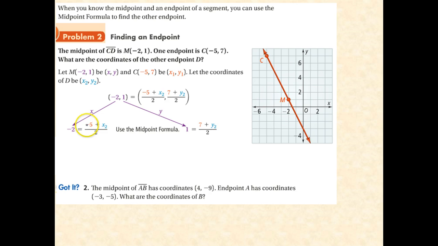So negative 2 is negative 5 plus the other x coordinate divided by 2, and we set up the same kind of equation with the y coordinate. We've got this 2 in the bottom, so we can multiply both sides by 2, and that will cancel out.